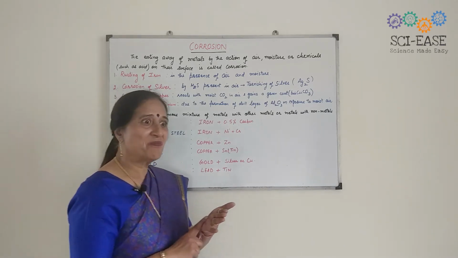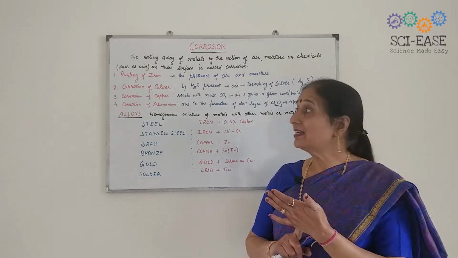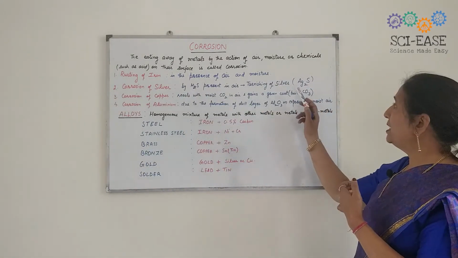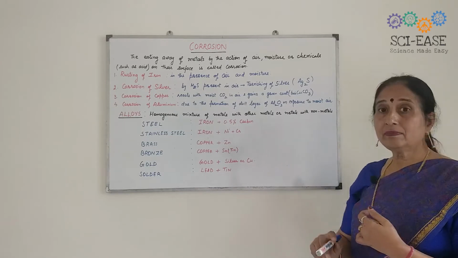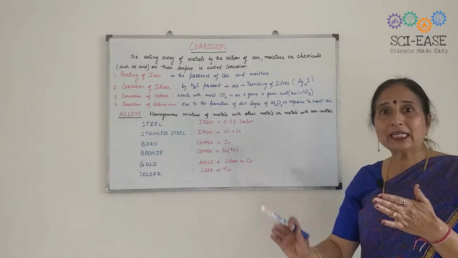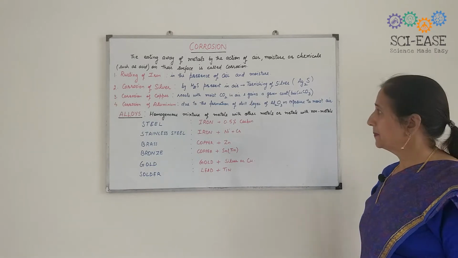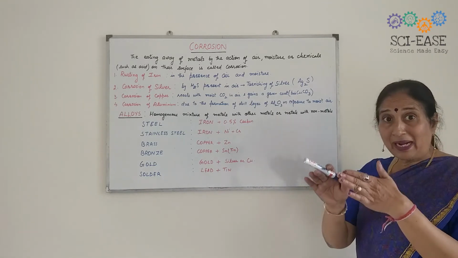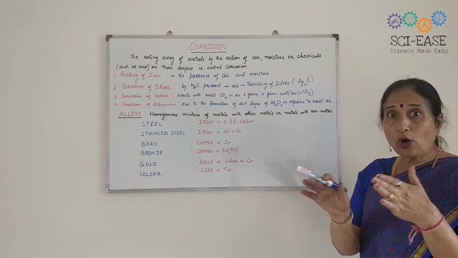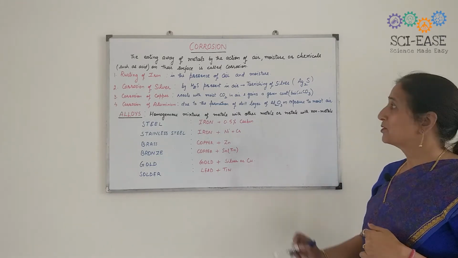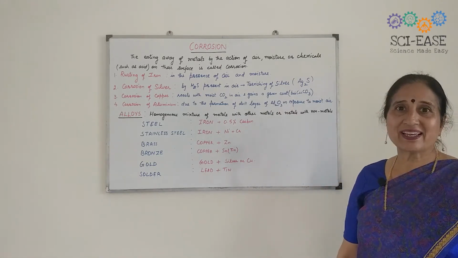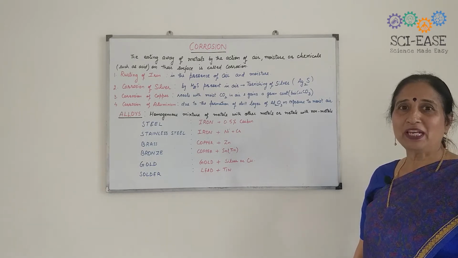But one very important thing: this layer of aluminium oxide acts as a protective layer for the metal lying underneath. The metal underneath will not be affected. So this is a protective layer of aluminium oxide.